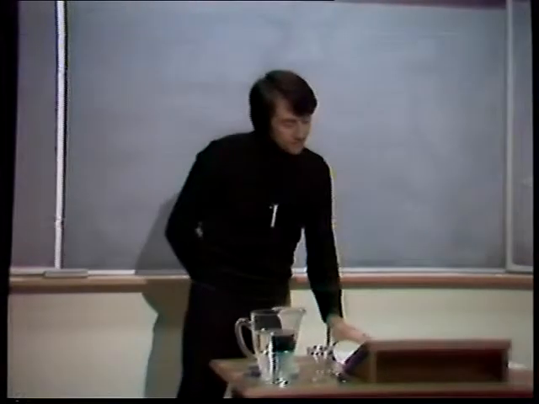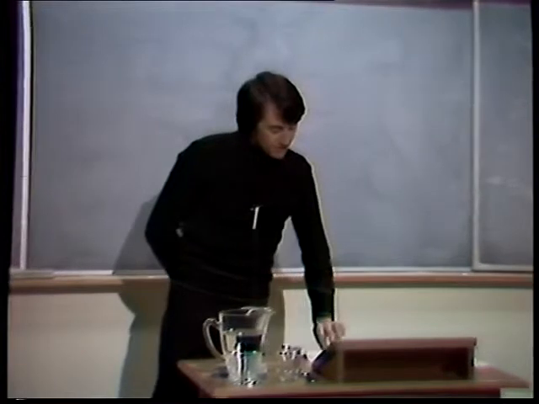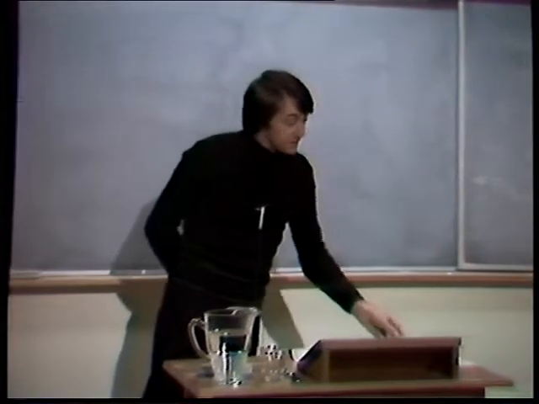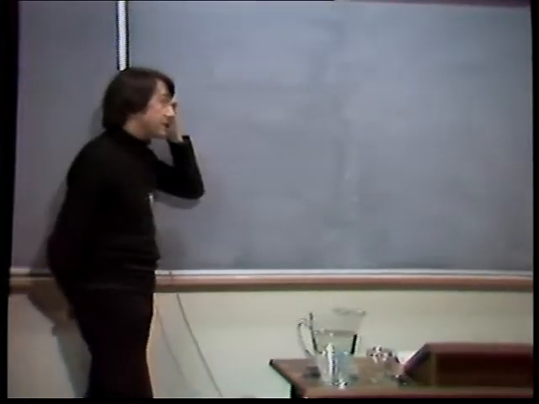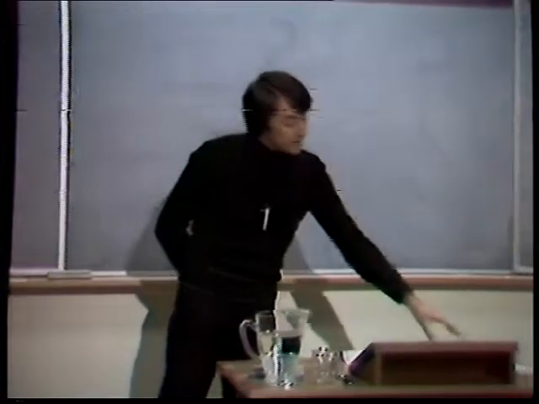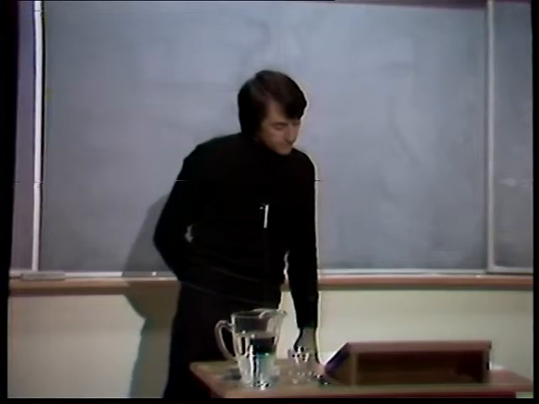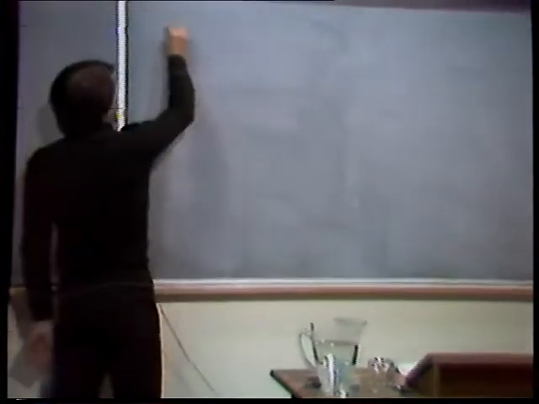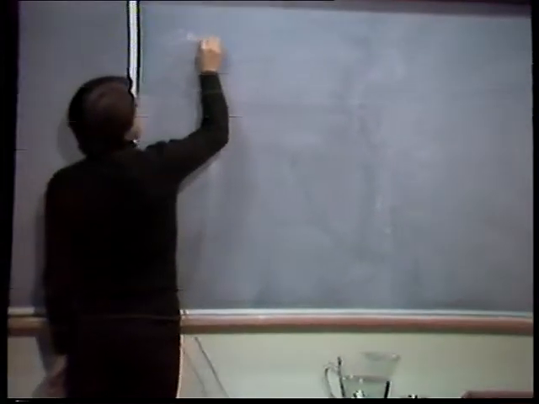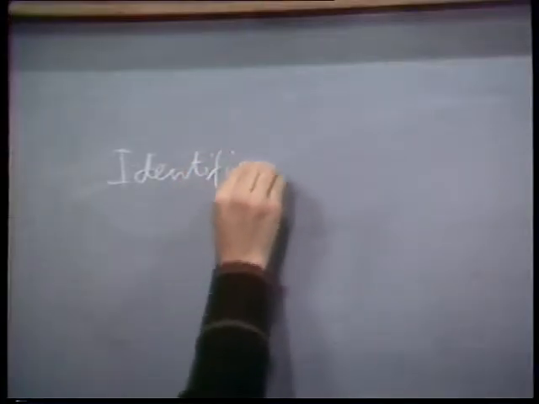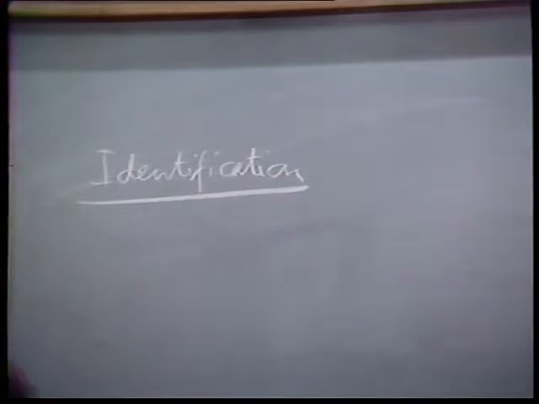Well, those are reasons why we consider dynamic models. Let's now turn to the problems in analysing dynamic models of the class that I want to restrict attention to. And the first problem we come into is an identification problem.